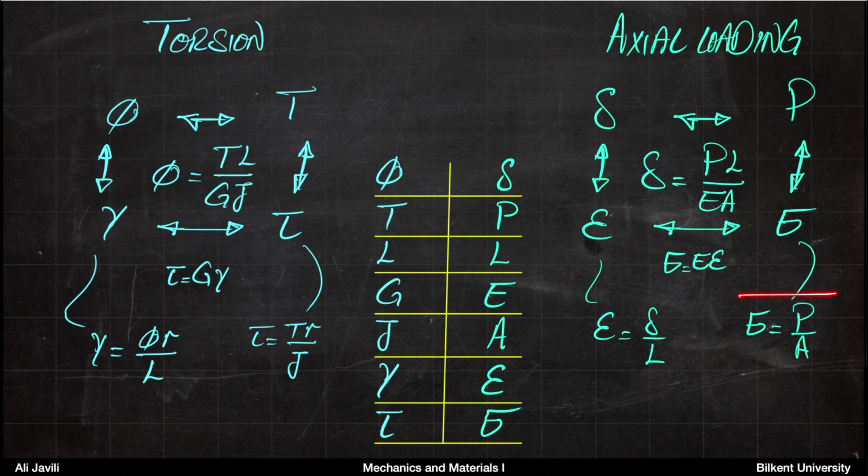And the stress formula, which previously was just normal force divided by area, is now slightly more complicated. It's T, torque, times radius divided by the polar moment of inertia.